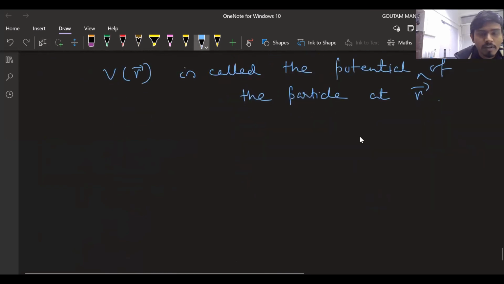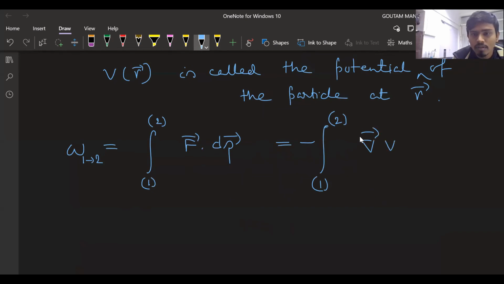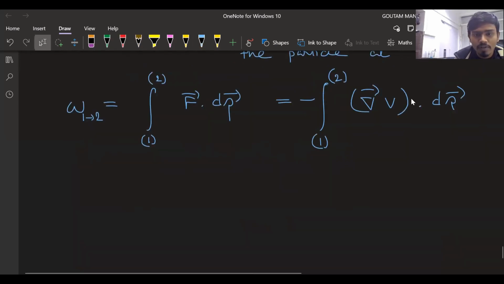So for a conservative force field, the work done W from 1 to 2 is the integral of F dot ds, which is basically the integral from point 1 to 2 of minus gradient of V dot ds.